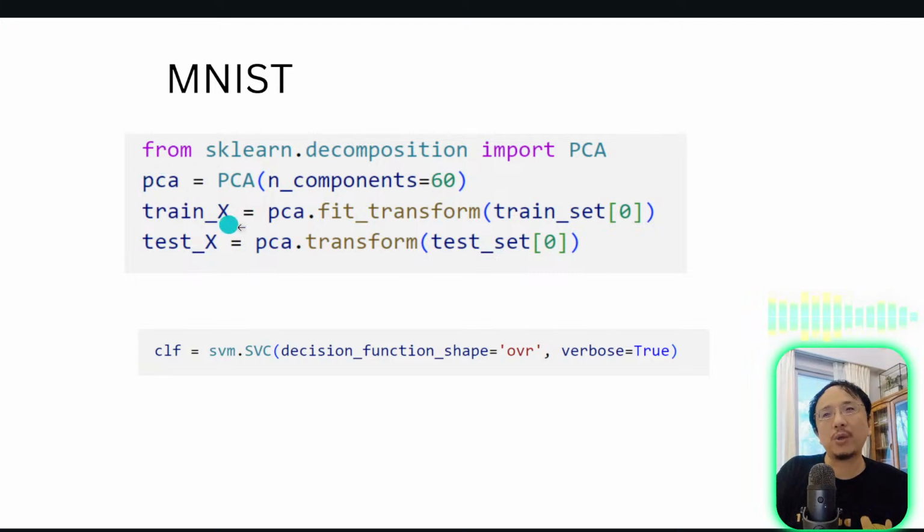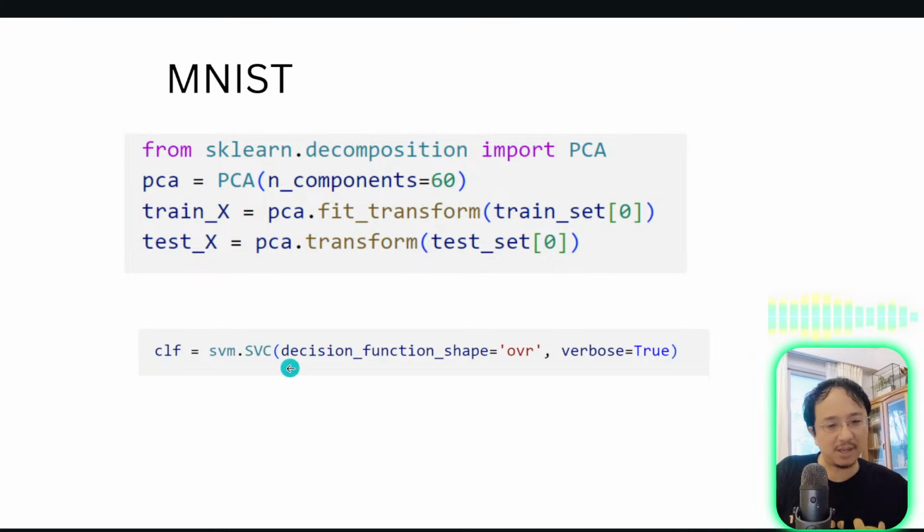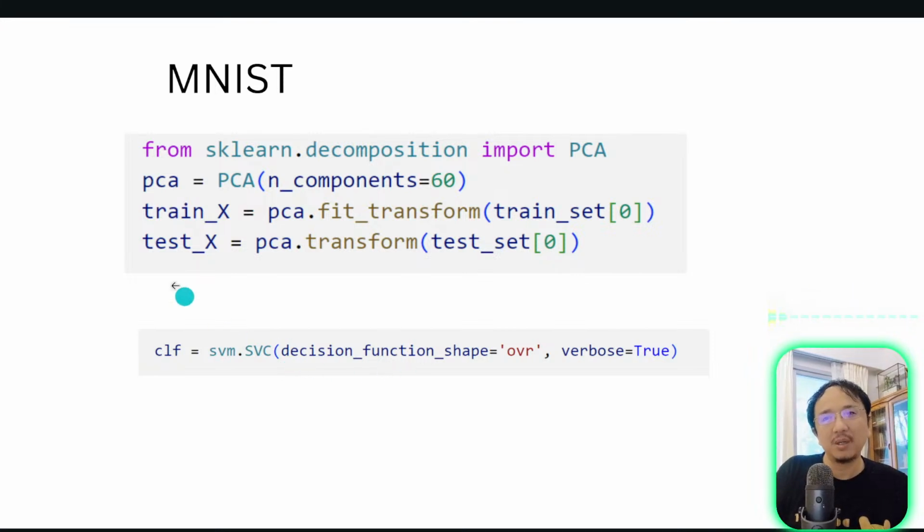I also mentioned that we use PCA right here before we do the SVC, because SVC can take a lot of time to train. So we use PCA to do the dimensional reduction, which we will also talk about a moment later. But just note that the reason we do the PCA is because it can take too much time if we use the original components directly.